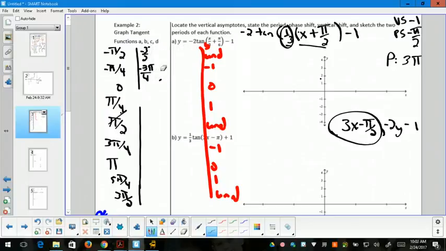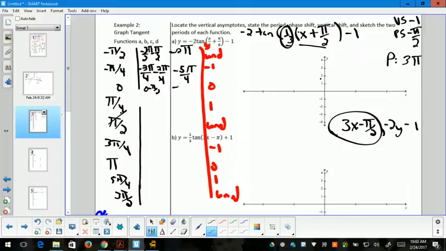So this should have been minus pi over 2, which would be negative 4 pi, so it would be negative 2 pi. Negative 3 pi over 4 minus pi over 2 is minus 2 pi over 4, which becomes negative 5 pi over 4. Zero times 3 is 0.